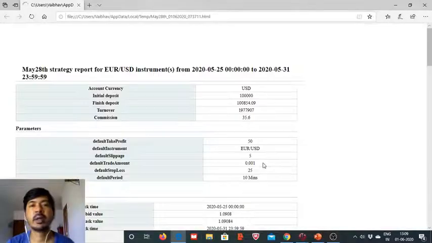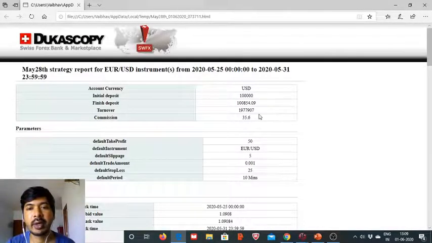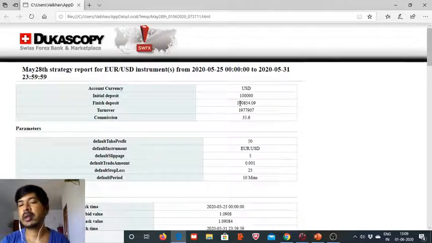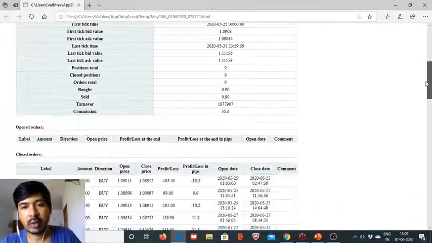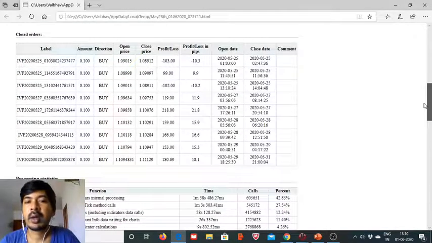So we got the test results here, and we have made a decent amount of money. With a lot size of 0.1 million, we made 850 USD in profit last week. But of course, it is not representative of every week. And last week might even have turned out too good.